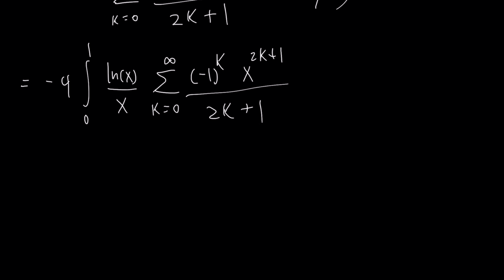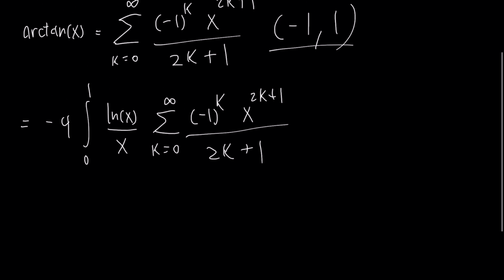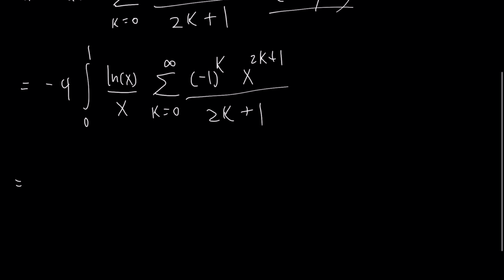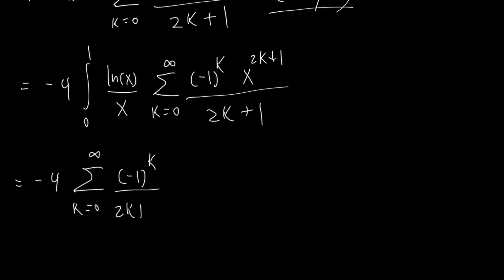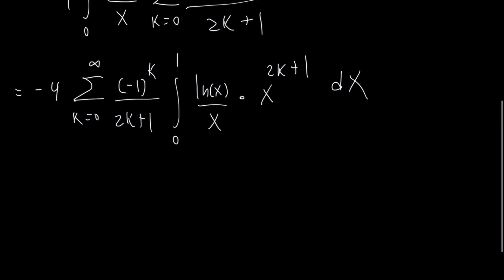From here we could exchange the order of summation and integration because our bounds are from 0 to 1, but that's within the range of the interval of convergence. So this is equal to -4 the sum from 0 to infinity, (-1)^k divided by 2k+1, the integral from 0 to 1 of ln x divided by x times x^(2k+1) dx.